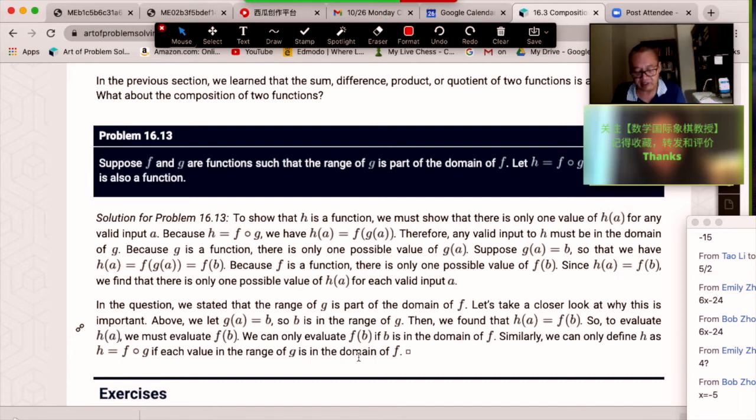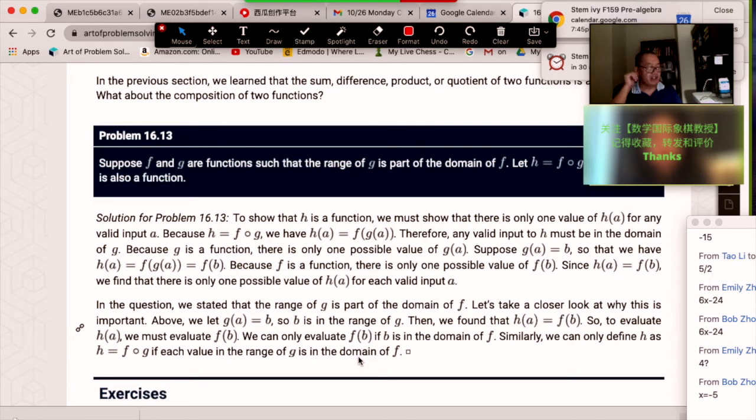That's exactly it. So here, the key point is h. This is a combination of f and g. When you give an input for h, you can get only one output from h.